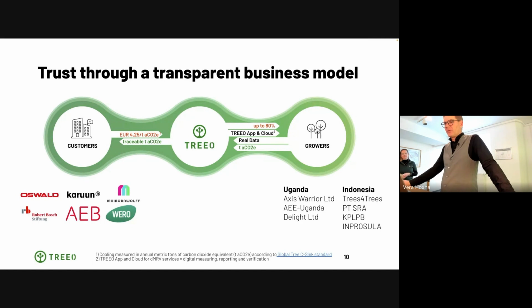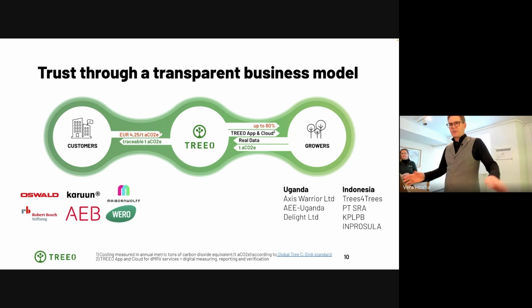This we connect with the other side of the market, with growers. In this case, we do this in Indonesia and Uganda. So here our customers are tree planting organizations who reach out to thousands or even 10,000 or 50,000 of farmers. They know how to run a nursery, they know which tree species are growing in the right place. And with them, we do the afforestation and reforestation.